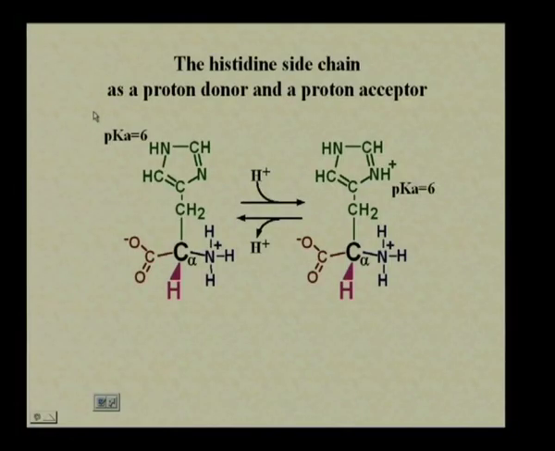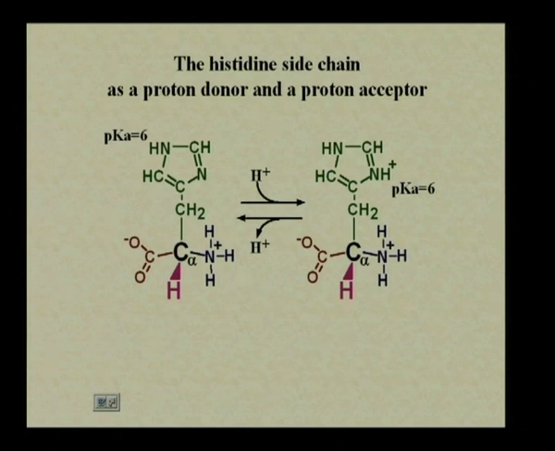Okay. So, let us get back to our understanding of the protein donor and protein acceptor capabilities of the histidine side chain. The pKa of 6 means that when there is an equilibrium at a certain pH, it can either accept the proton or it can donate the proton.